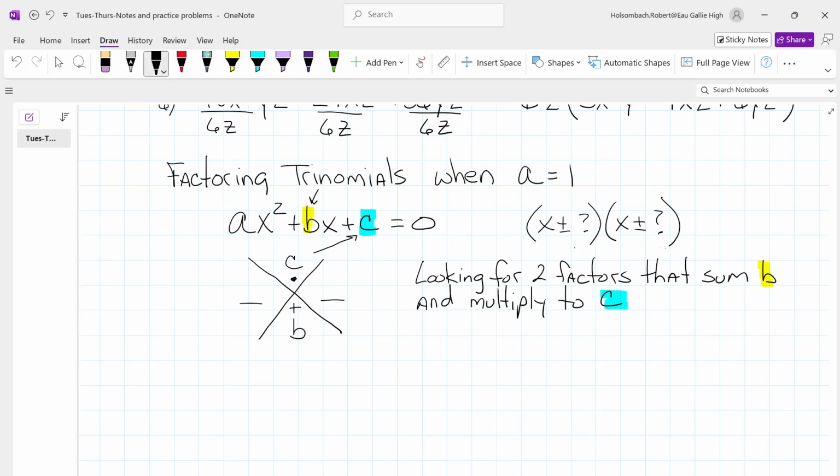So let's take a little closer look at this. We're going to factor x squared plus 8x plus 15.